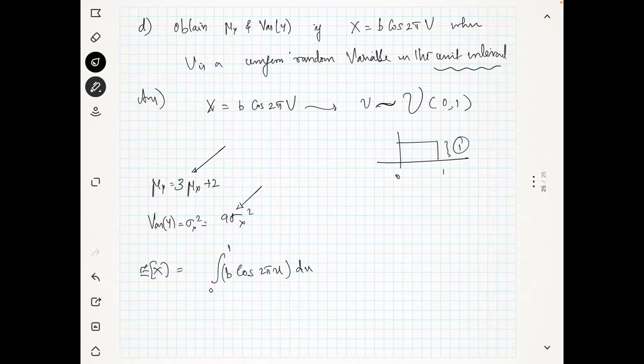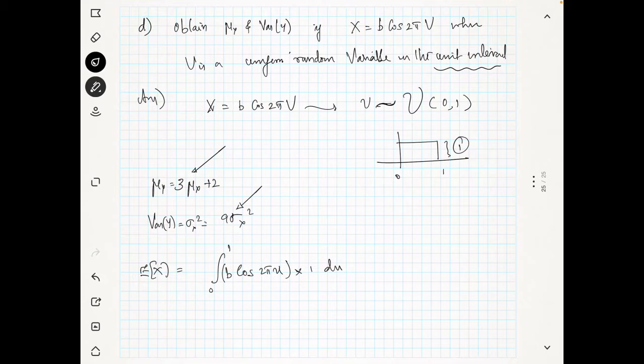So you have to multiply just with 1, 1 into du, that's the expectation. But here it has been given, the u has been given actually. So this is the expected value of x.